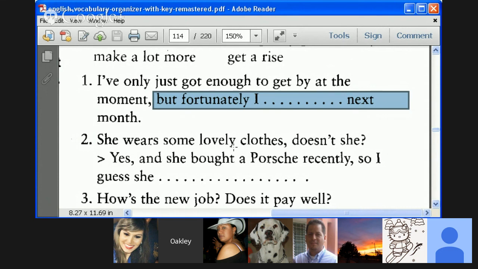If I said, but unfortunately, I would get a rise next month, what does it mean? It doesn't mean anything. It's nonsense. Without an if clause, I would get more money next month if I get the promotion. Now that's possible, because now it becomes maybe, maybe not.